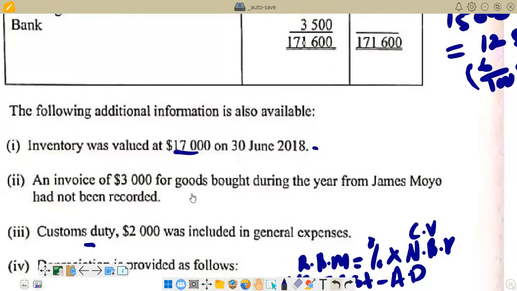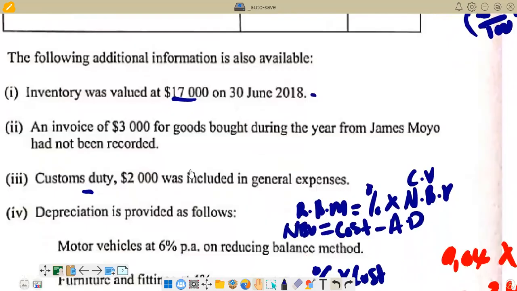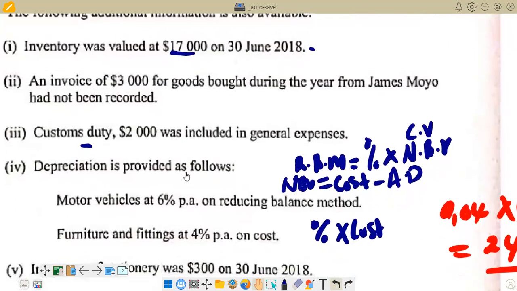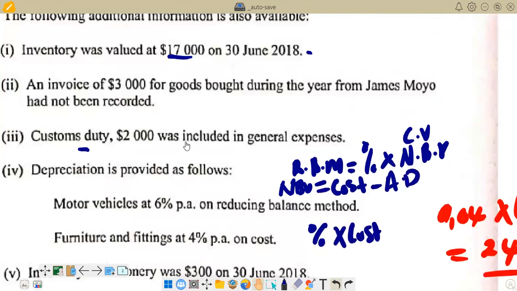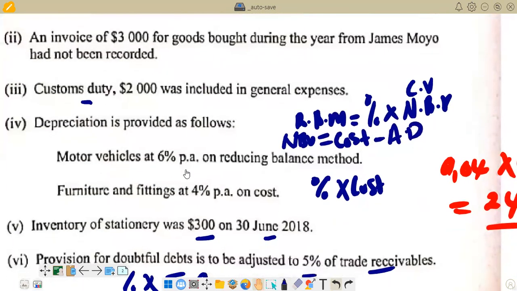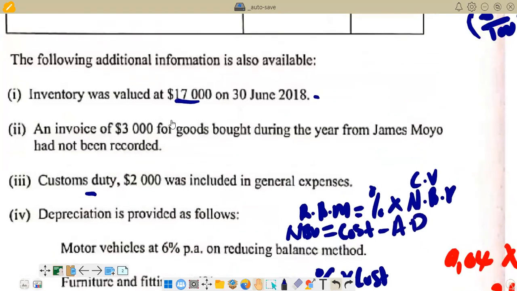It's also part of that closing. Remember, we've got something for stationery that was there at the end of the period, 300. So we are saying the closing inventory that we are given there plus 300 to get the total closing inventory. Let's check the figure there. Yes, inventory of stationery was 300. So we add 17,000 plus 300 to get the total inventory.